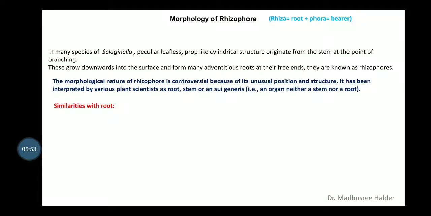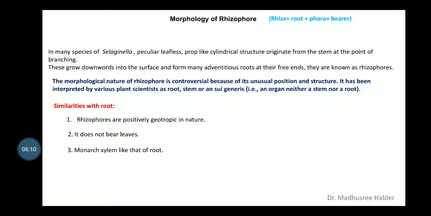So we have to know the similarities of the rhizophore with the root. The first similarity is that rhizophores are positively geotropic in nature, as shown in roots. It does not bear leaves.